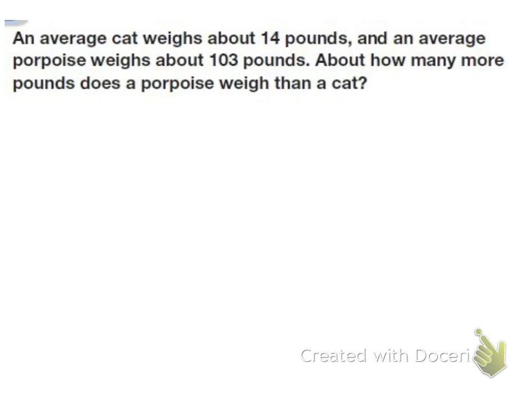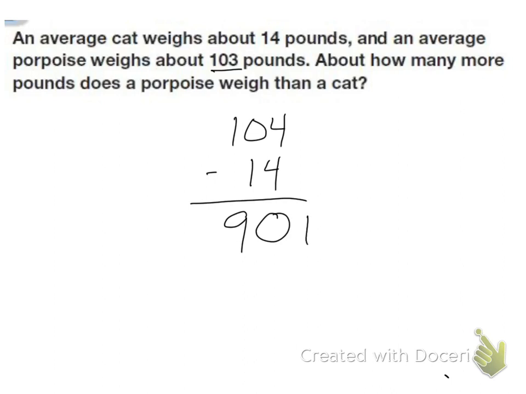So with this one, I can actually change 103 to 104, and I can subtract 14 from it really easily, because I know 4 minus 4 is 0, and then 10 minus 1 is 9. So my answer is going to be about 190 pounds. Remember, LBS is the abbreviation for pounds.